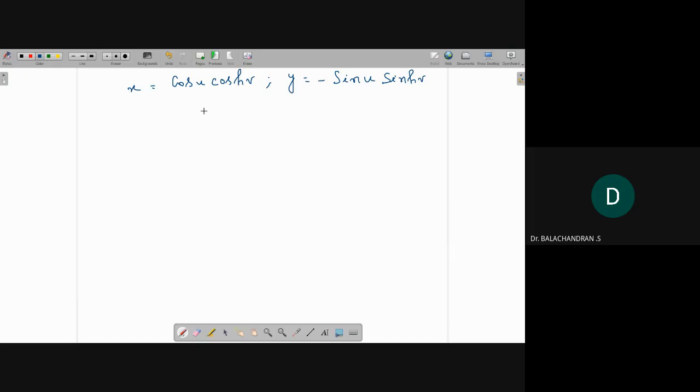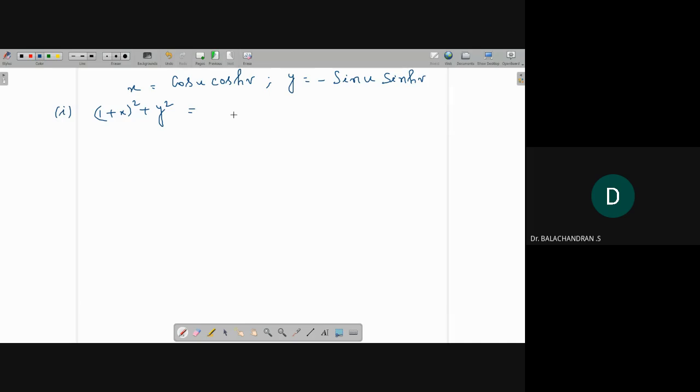So now take the left hand side of subdivision 1. What is the left hand side of subdivision 1? Please tell any one of them. (1 plus x) whole square plus y square. Y square. Okay. Thank you.